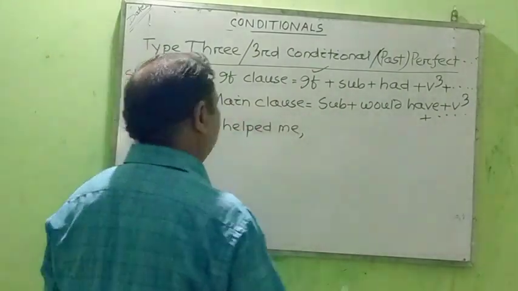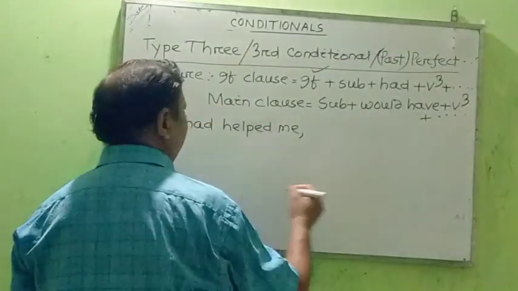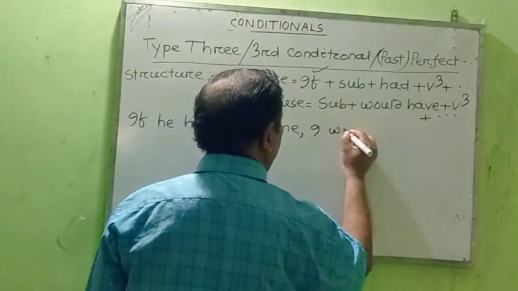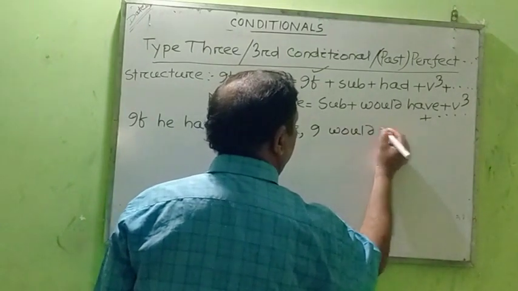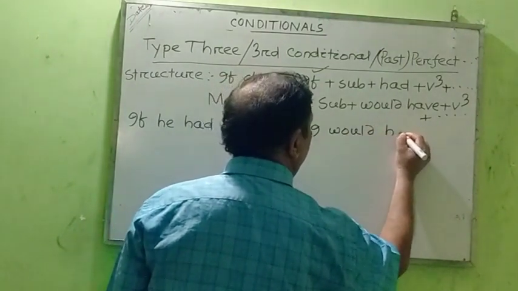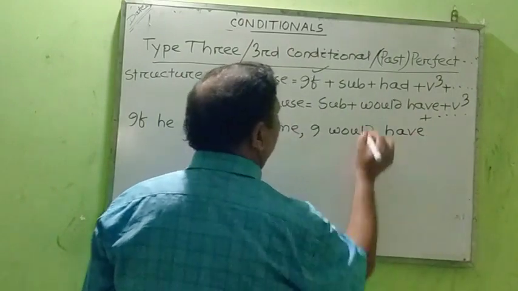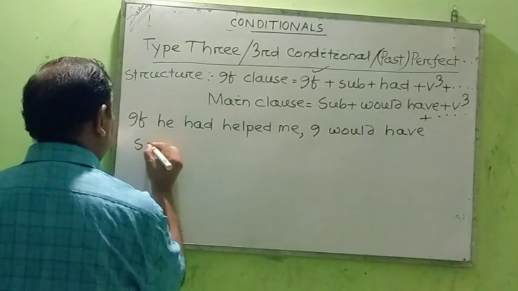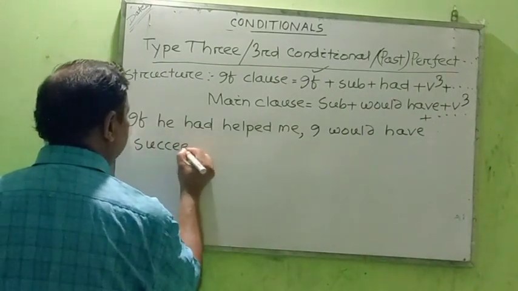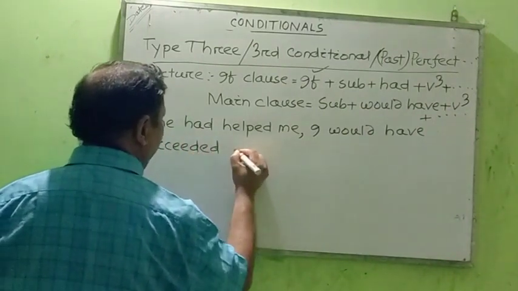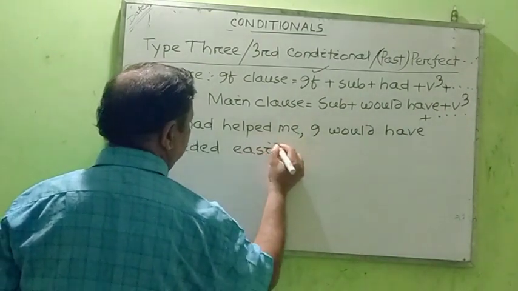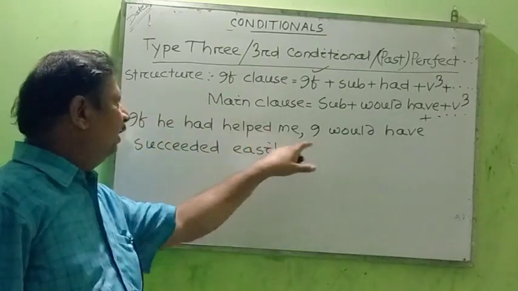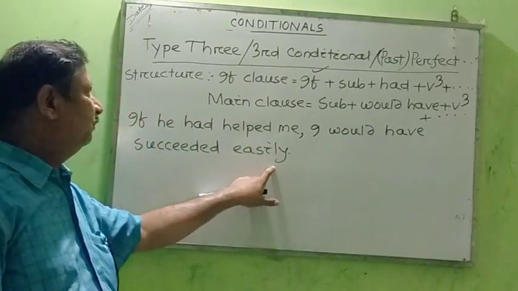If he had helped me, I would have succeeded easily. Succeeded is verb 3, and easily is the complement. So: if he had helped me, I would have succeeded easily.